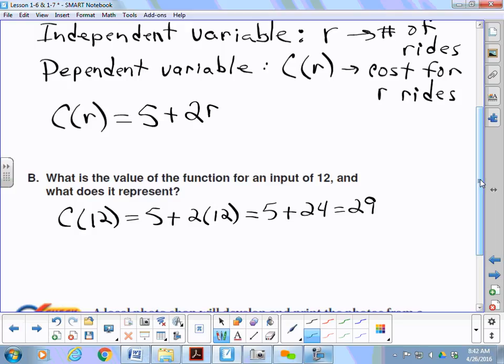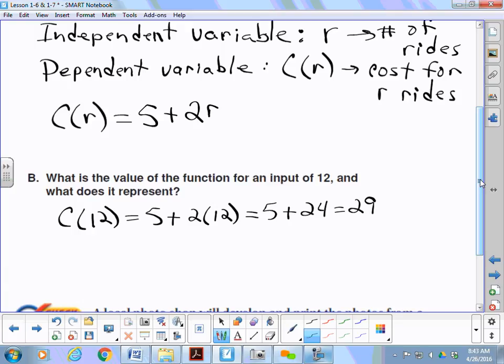All right, so who can give me a sentence that, so tell me what to write down there. If I put input of 12, I get an output of 29, what does it mean? All right, Mr. Vickery, what does it mean? It means how many rides you have and how much money it costs. Right, can you put it in a sentence for me that involves the 12 and the 29? 12 rides equals $29.